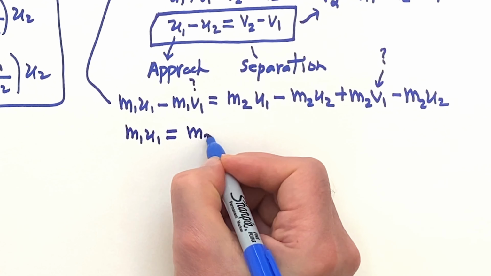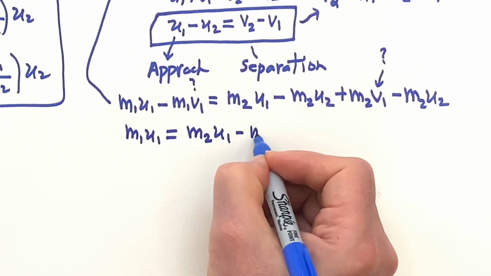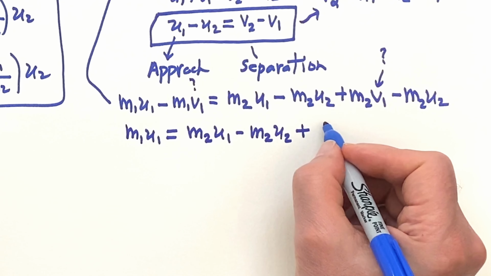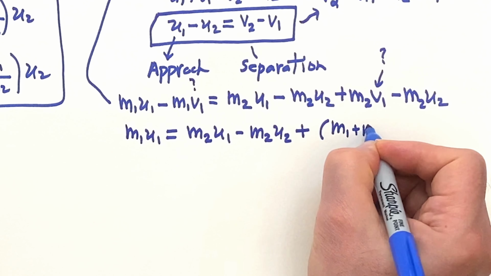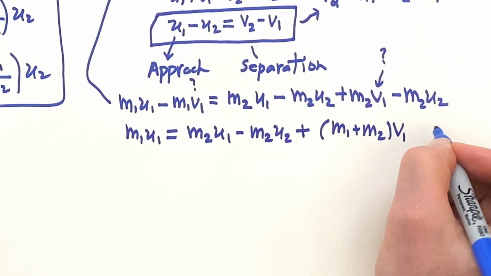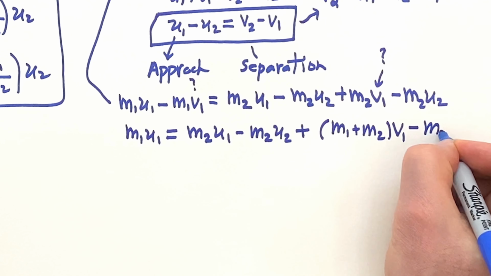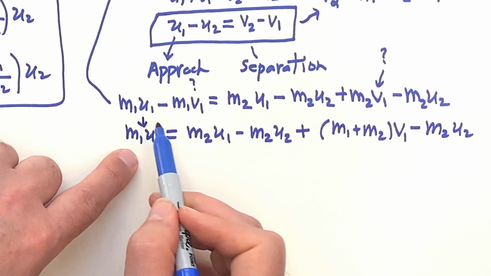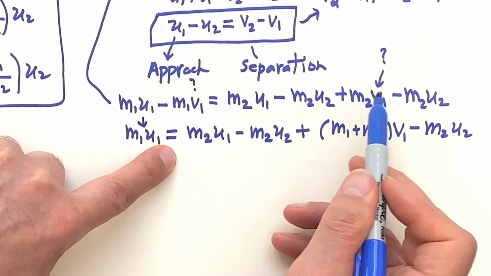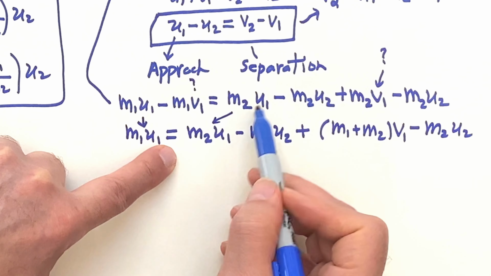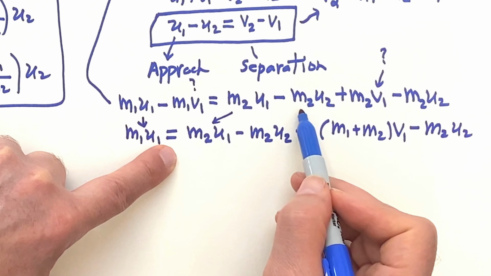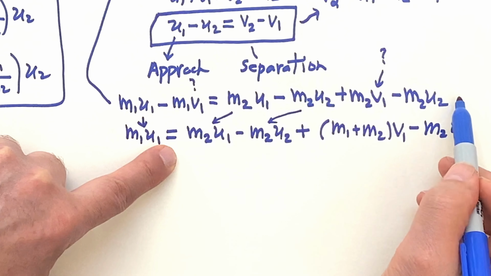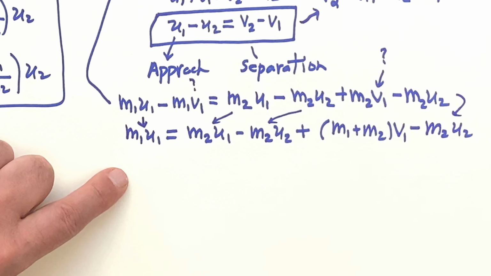So this would be M2 U1 minus M2 U2, and now plus this one comes over here, so we have M1 plus M2 times V1, and this is then minus M2 U2. So we check, this one is here, and we're going to bring this to the right-hand side. So here that survives there, and then we bring this over. That one survives too. And then we bring this over, we have the sum of the masses times V1, and then this last one's hanging around. So everything is looking good.